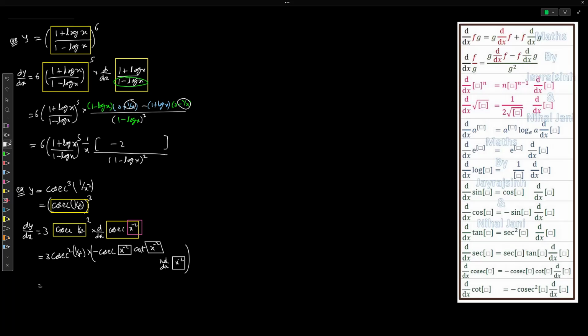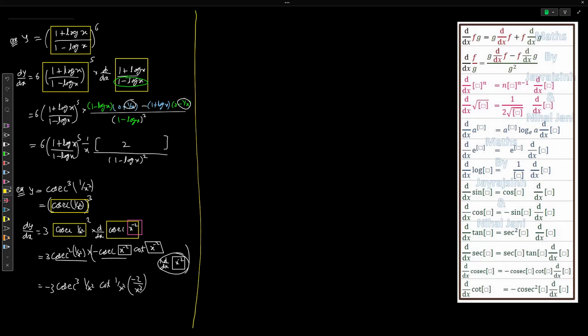So minus 3 cosec square, it was cosec here, so this will become cosec cube 1 upon x square cot 1 upon x square and differentiation of x raised to minus 2 will be minus 2 upon x cube. So this is your final answer. Ta-da! Next.